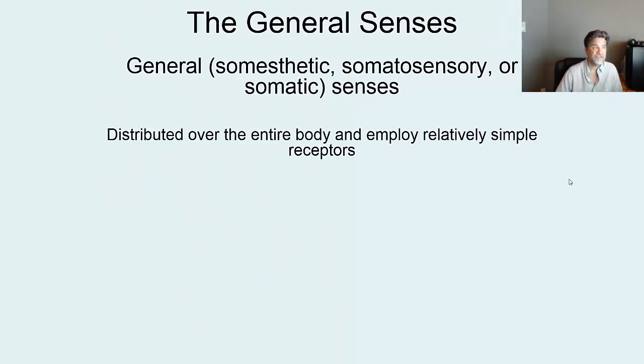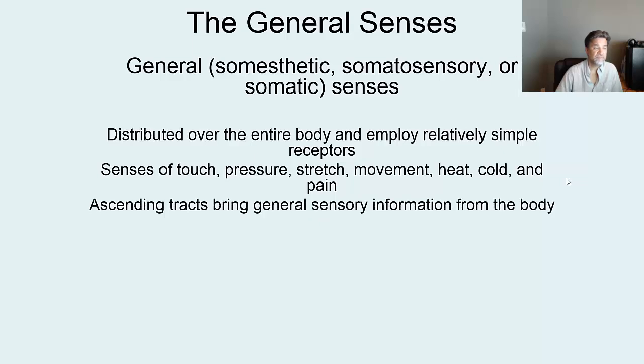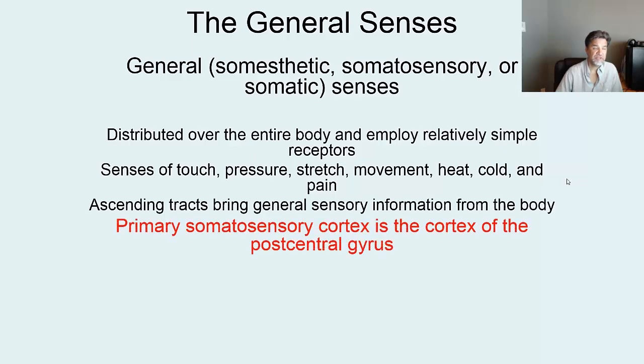Now, the general senses, as we already talked about, include the entire body wall and incorporate fairly simple receptors that are going to be detecting pain, temperature, cold, heat, and also movement and position. The ascending tracts bring that information in and deliver it to the somatosensory cortex in the parietal lobe.